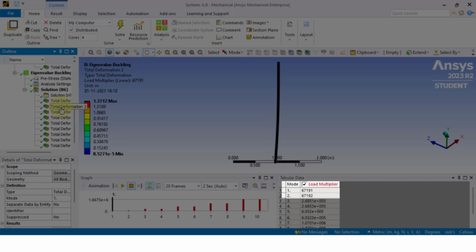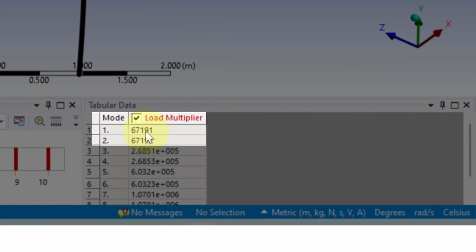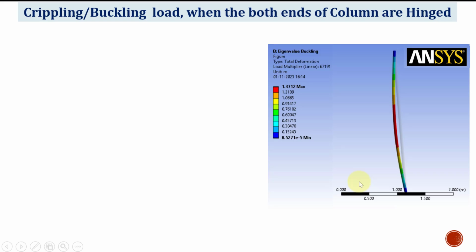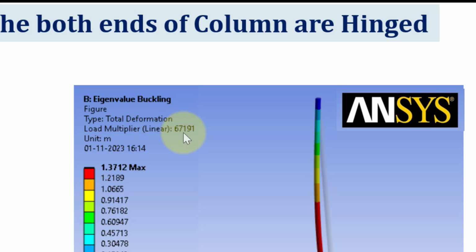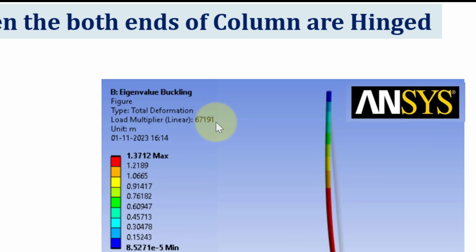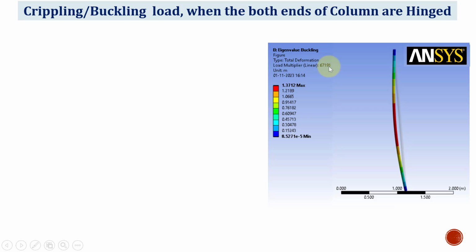For us, the first two modes are sufficient. These two give almost the same value, that is 67,191. So now we found that the load multiplier value is 67,191. But it does not exactly reflect the crippling or buckling load of a column.